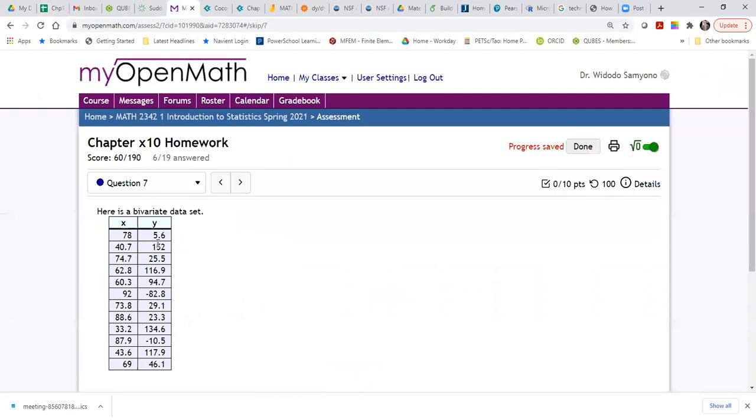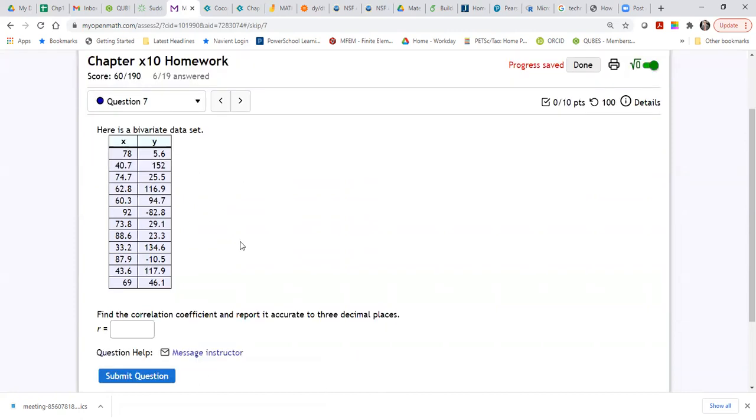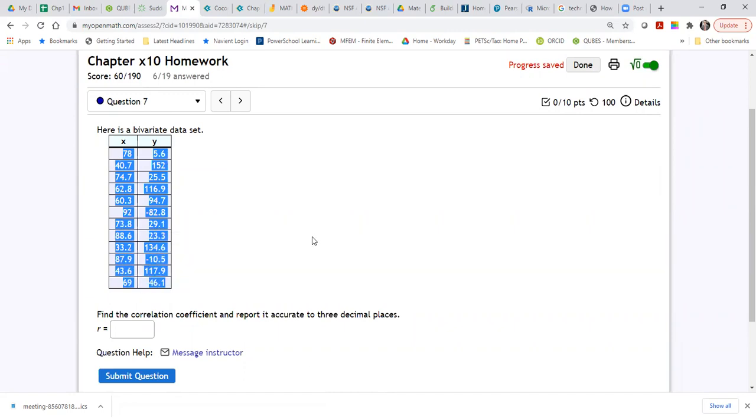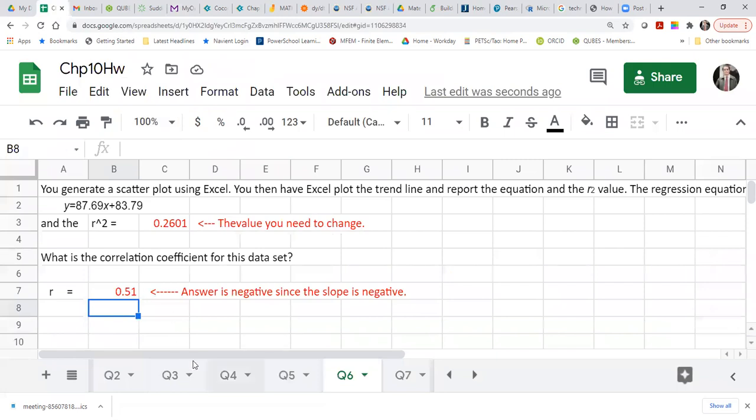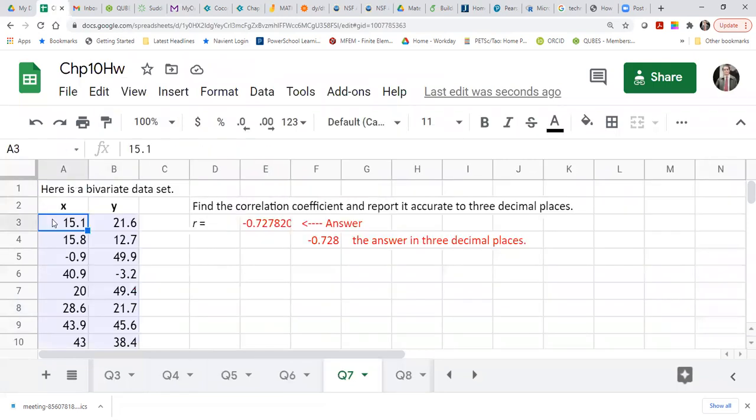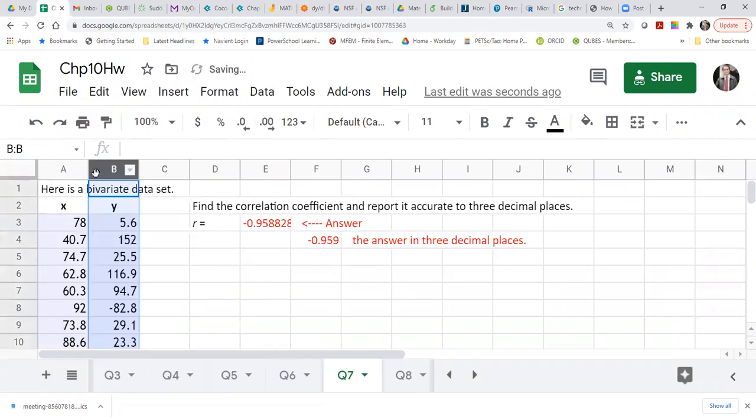Yeah, so this is just simply looking for what is the R, right? So you just need to change it, I need to copy this and then put it in the Excel. For number 7, right click, paste it.